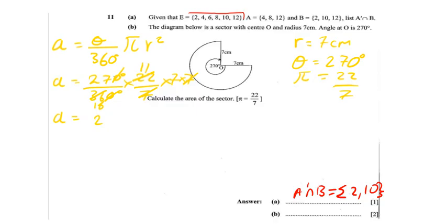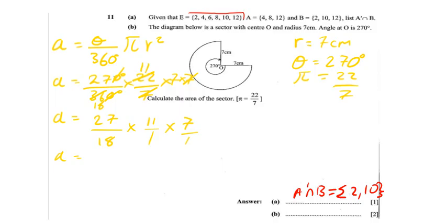So you say 27 over 18 multiplied by 11 over 1 multiplied by 7 over 1, because any number is over 1. Our area is equal to, now 3 can enter into 27 how many times? 9 times.